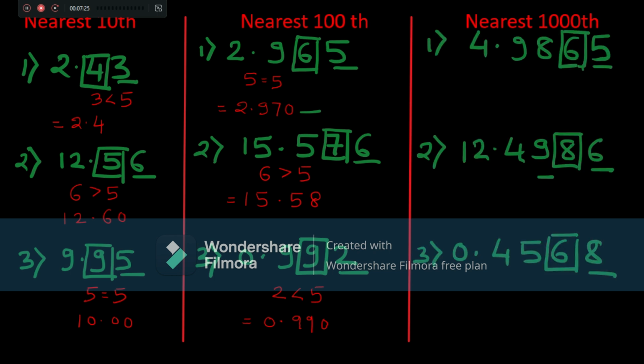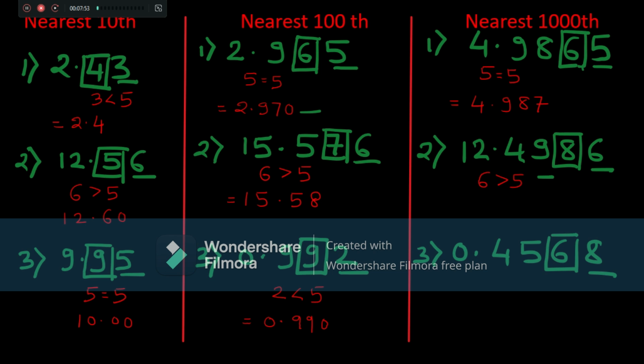Similarly, let's learn about the 1000th place. As we see, this 5 is equal to 5. So when we round off, we'll increase this 6 by 1, and this will become 4.987. Similarly, in this case, at the 1000th place the number is 8 and the number to the right of it is greater than 5.